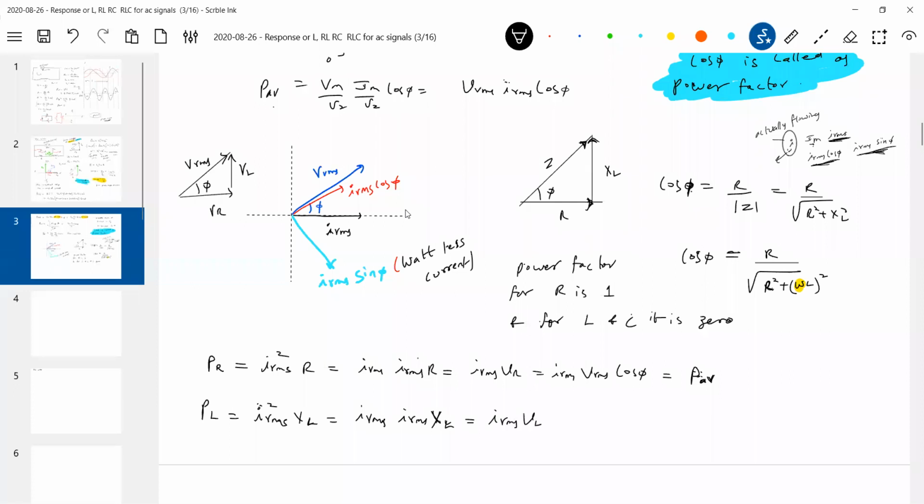IRMS into VL. What is VL? We can write it as VRMS sin phi. This is not equal to average power. This is called reactive power, call it just PX. This is the reactive power.